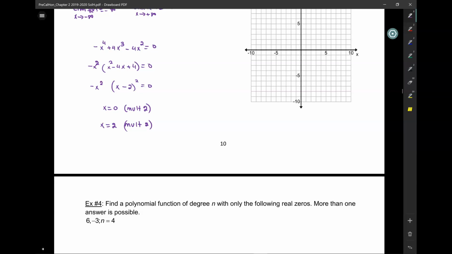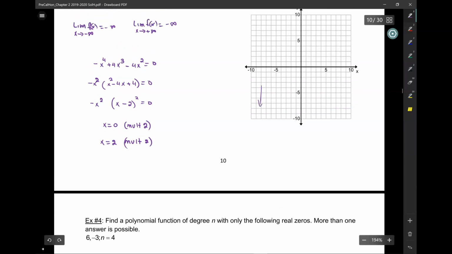Okay? Now, this function is going to negative infinity on both ends. Okay? The zeros are 0 and 2.